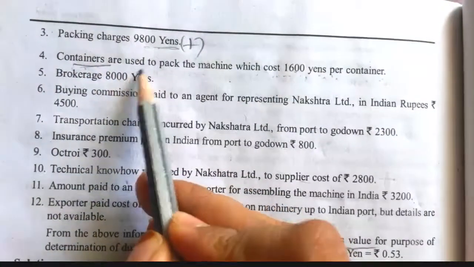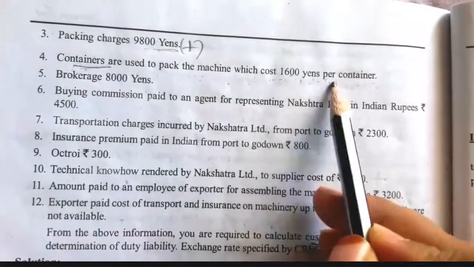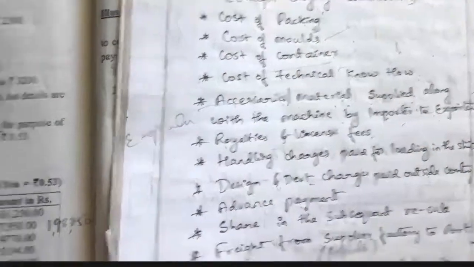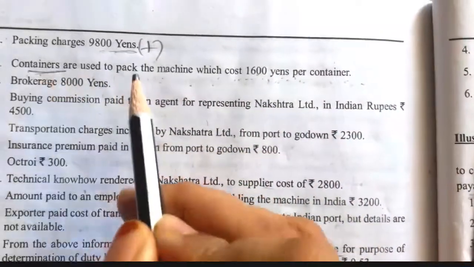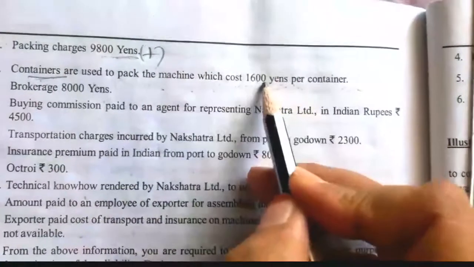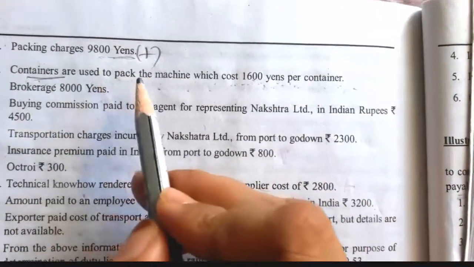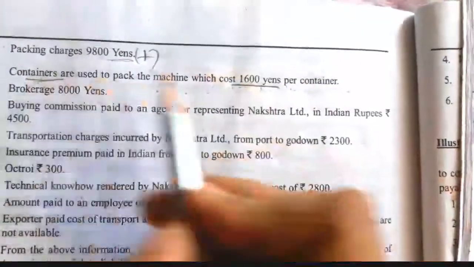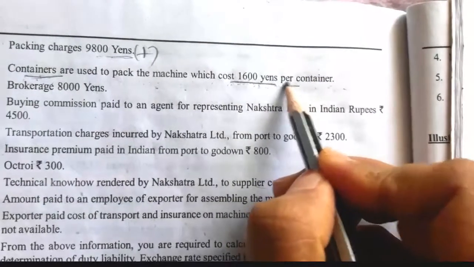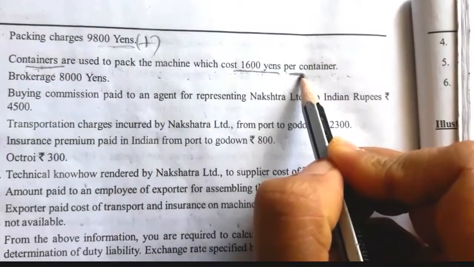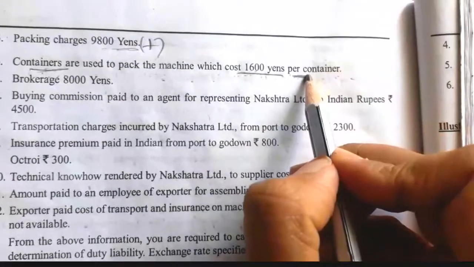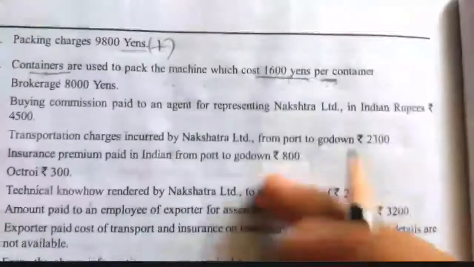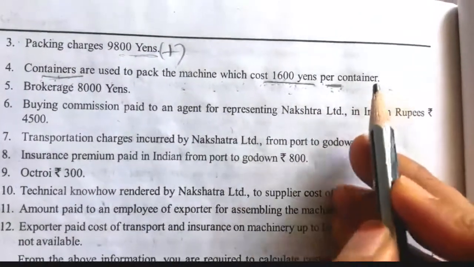Next one, containers are used to pack the machine which cost 1,600 yens per container. This cost of container we have to add to the purchase price before FOB, as the container is the essential packing for a machinery. Since it is given per container and the importer is importing 25 machines, for every machine a container is essential.